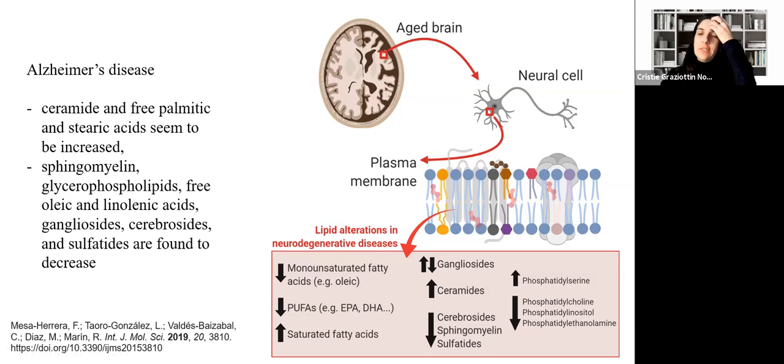One really interesting thing is that the paper mentions that once there are these alterations in the lipid profile in the brain associated with a specific disease, we could use these lipids as biomarkers for prognosis and diagnosis of different diseases. This is really interesting and also shows the importance of lipids.